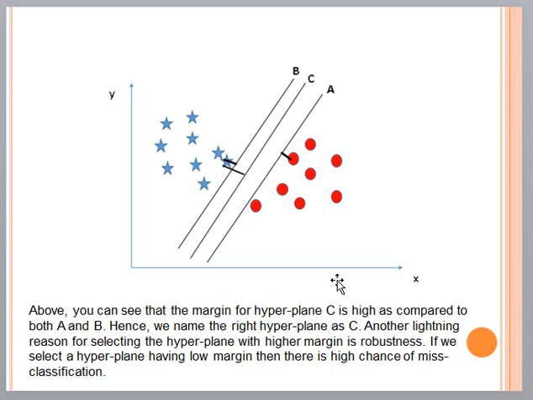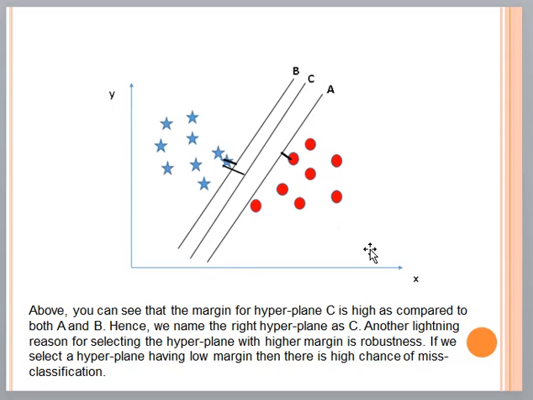So we name the hyperplane as C. Since the margins of these different data points are higher with C, and we need to see for both of these classes which hyperplane has the maximum margin, we can see that hyperplane C has the maximum margin for both classes.